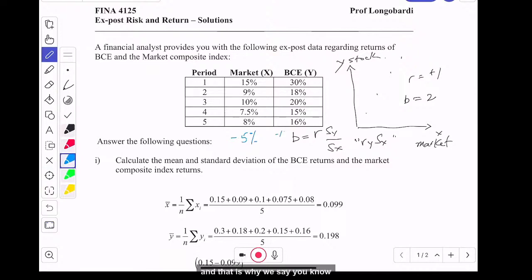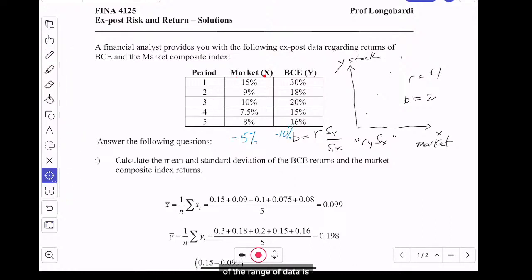And that is why we say it's sensitive, and remembering that it can be good, it can be bad. Doing something like this, though, outside of the range of data is not recommended. It's referred to as an extrapolation, and you shouldn't do it unless you have just reason to do it.